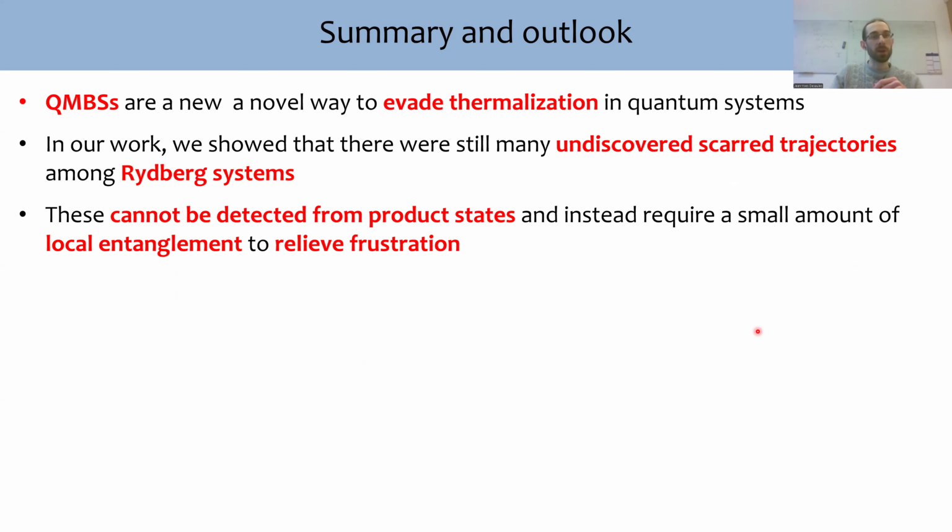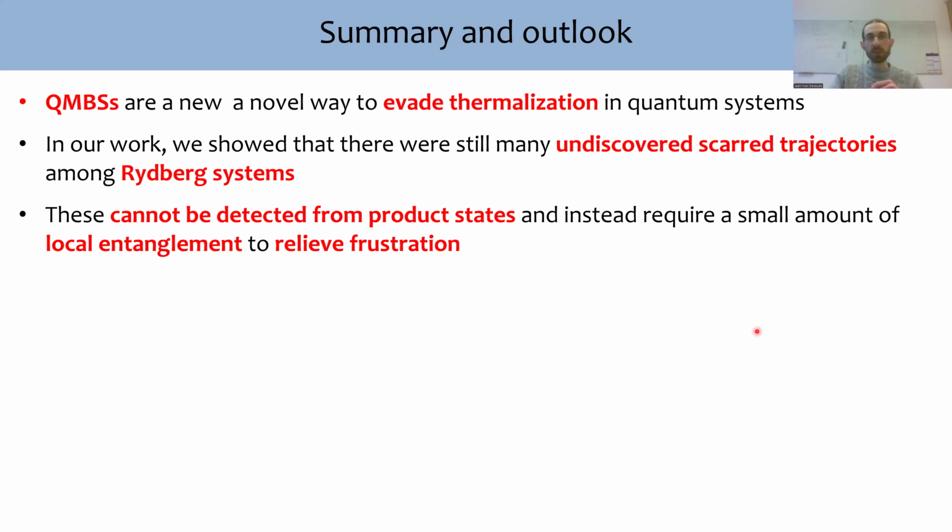And the important part is these cannot be detected from product states, and instead require a small amount of local entanglement to relieve this frustration. And that's why they have been undetected for so long, because they are much harder to find both numerically and experimentally.